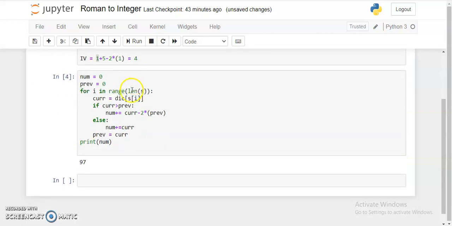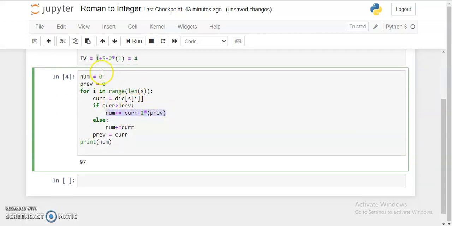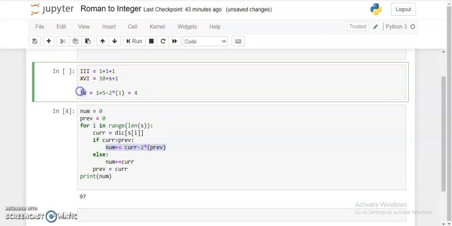I hope you got the clarity on why I am using this, because as I iterate over this string, I added 1 to the number initially. Then when I came here, I checked the previous one. Yes, it was smaller, so I subtracted 2 times previous: one for the current subtraction, another one for what I had added earlier.